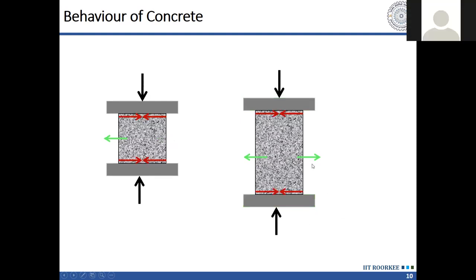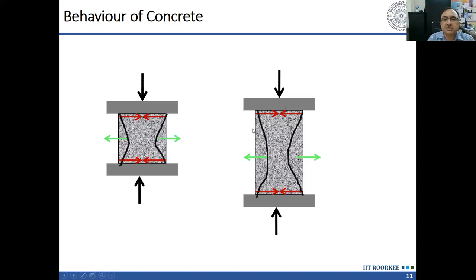And there is friction between the plates and the concrete cube. We get friction, and that friction prevents outward movement of the cylinder or cube. So we get a sort of confinement at the ends, and as a result, we get a cracking pattern like this.